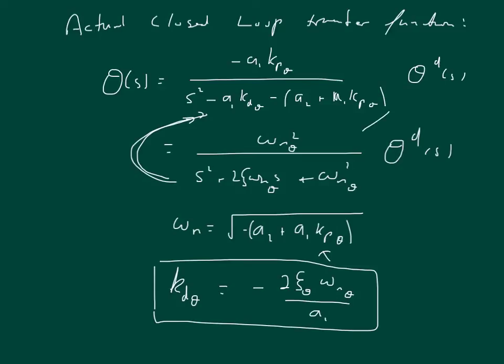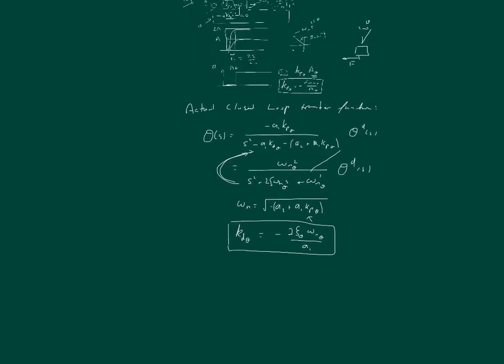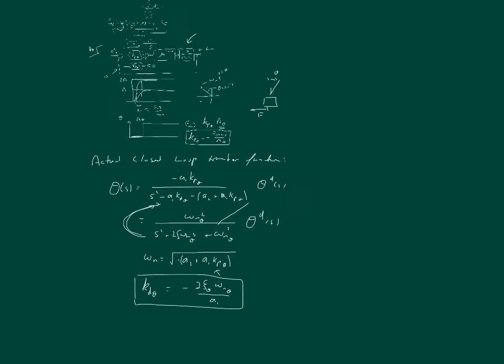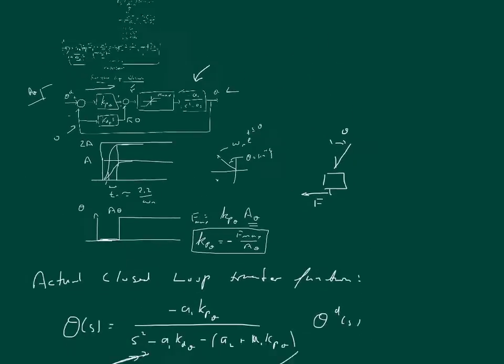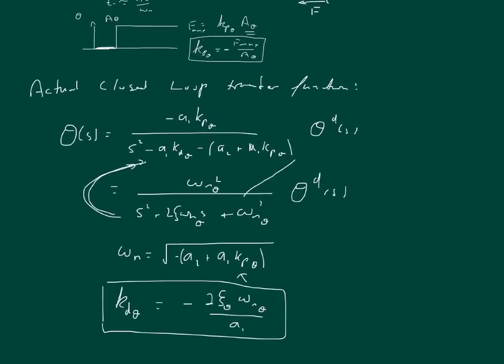Now, one last thing I want to note is that we need to find the DC gain of this system. If we come back to the actual transfer function, you'll note that the DC gain, let's call it K DC, is equal to the limit as s goes to 0 of H of s, where this transfer function is defined as H of s.